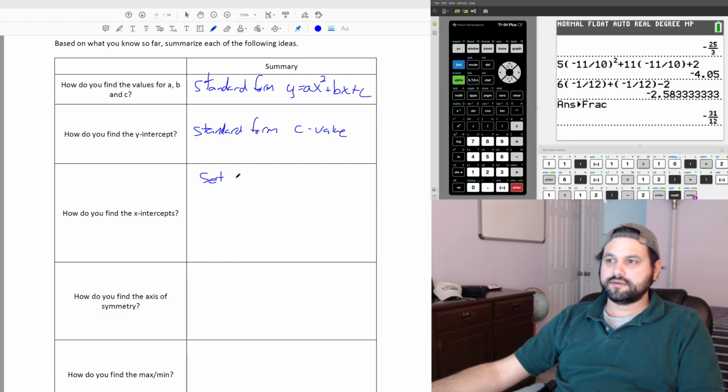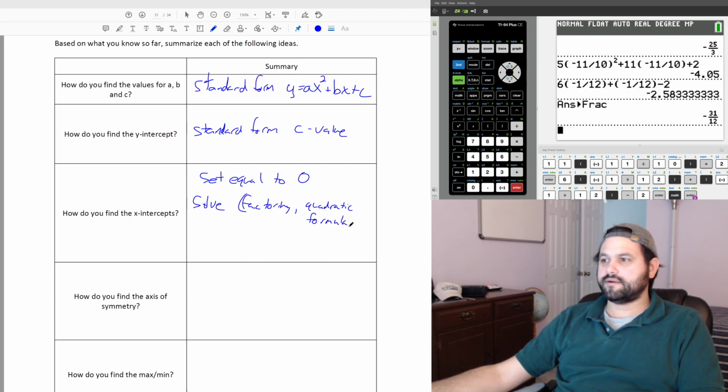We're going to set the equation equal to 0 and solve, which means factoring, quadratic formula, completing the square, okay, any way to find the x-intercepts.